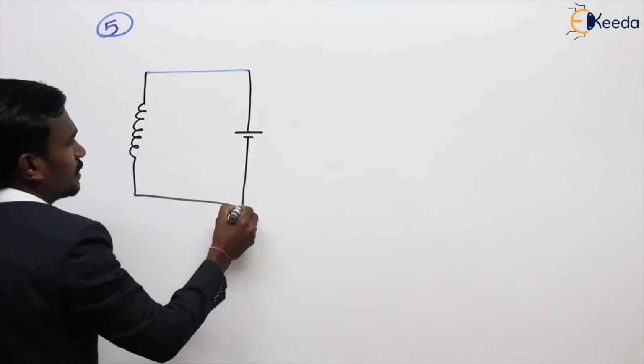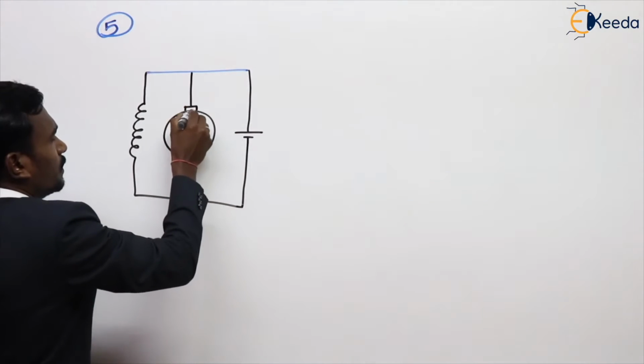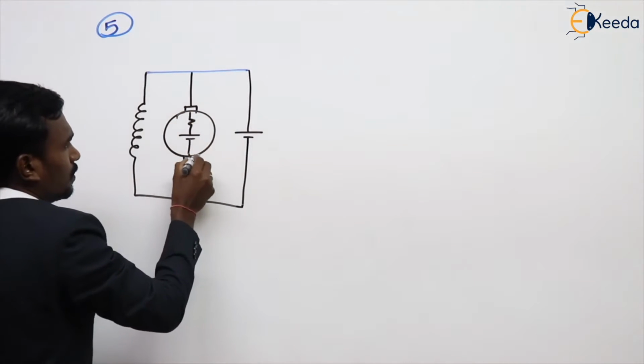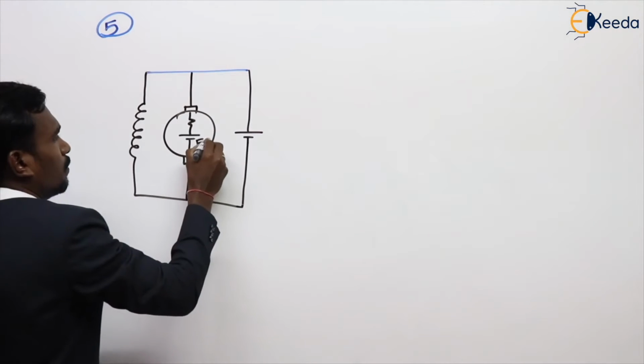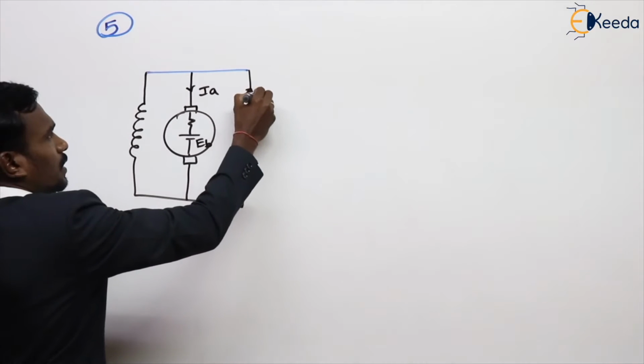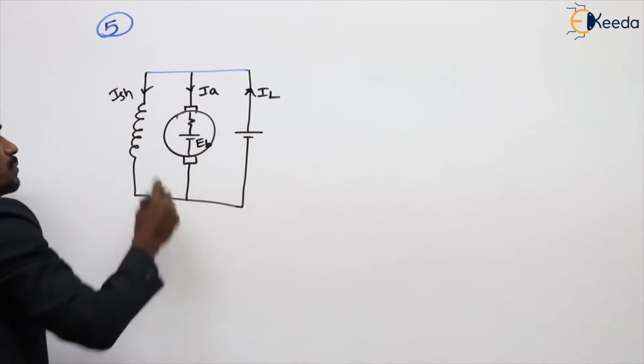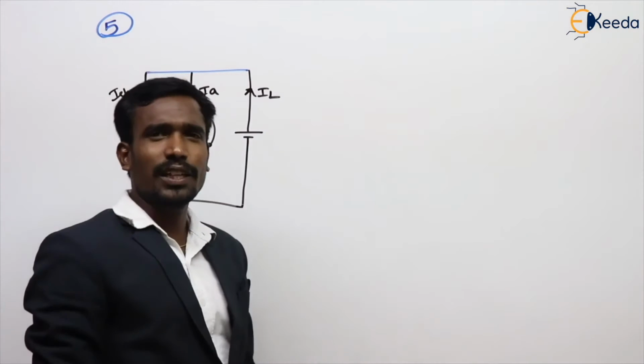It is like this. Here is my armature winding. This is my back EMF. Here the armature current, here the IL, and here my ISH. This is my DC shunt motor.